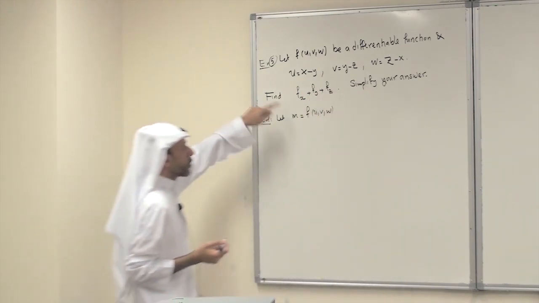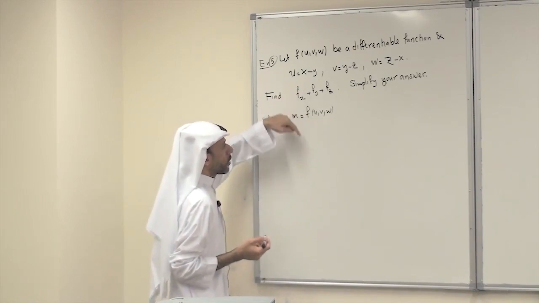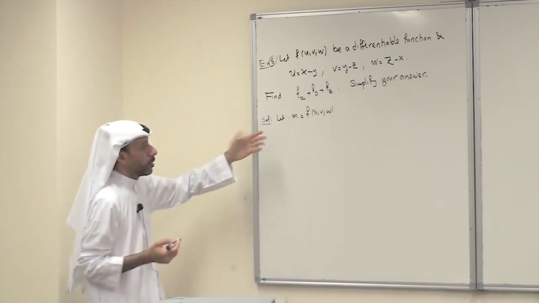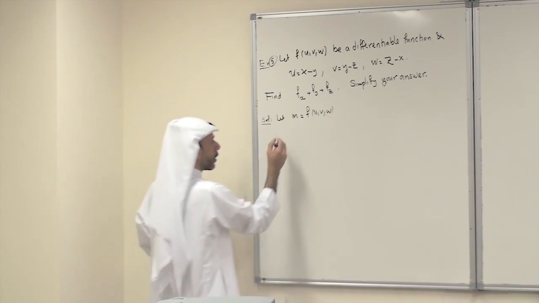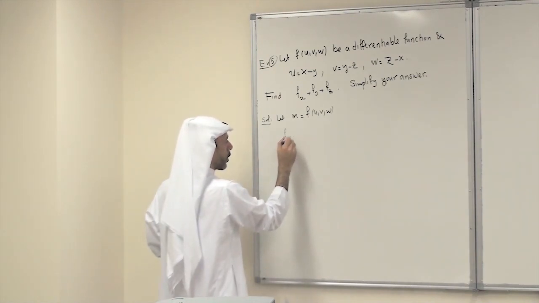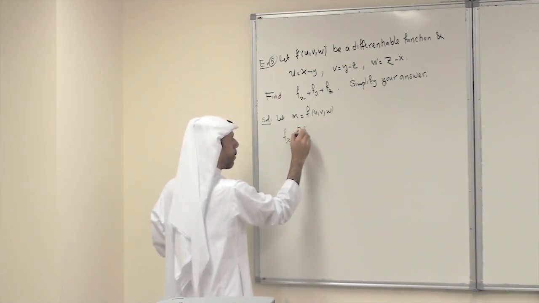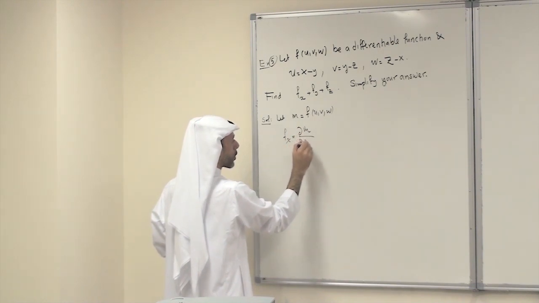We need to find f sub x and f sub y and f sub z. And when I write m here, this means really f sub x is partial derivative of m with respect to x.